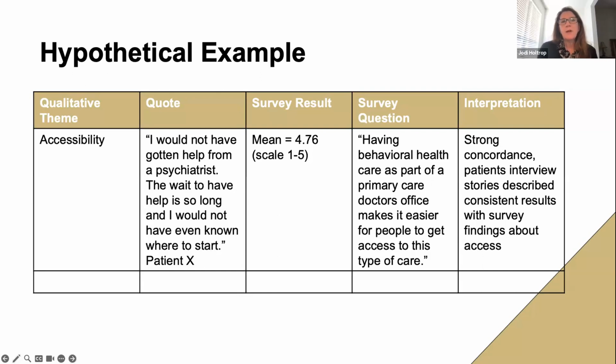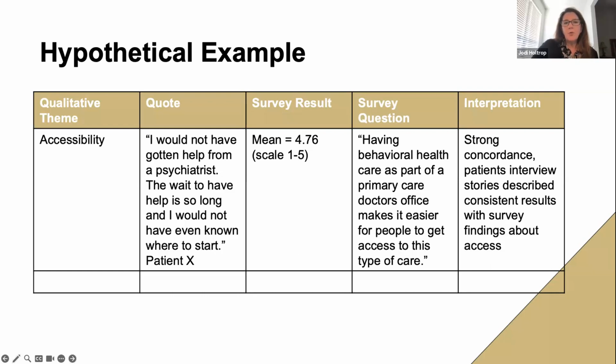So that's a result around accessibility. And then you also give them a survey, and they score highly on accessibility. The survey question asks, having behavioral health care as part of primary care makes it easier for people to get access. So that's a concordance example, right? The results are the same. They're pointing in the same direction.